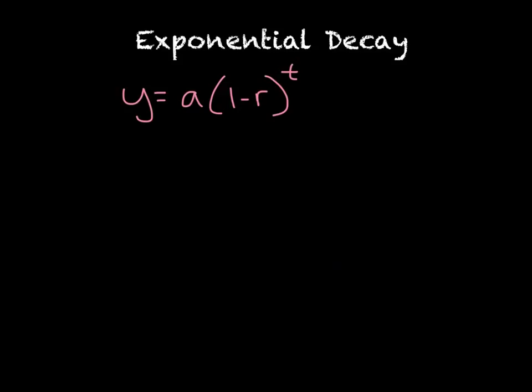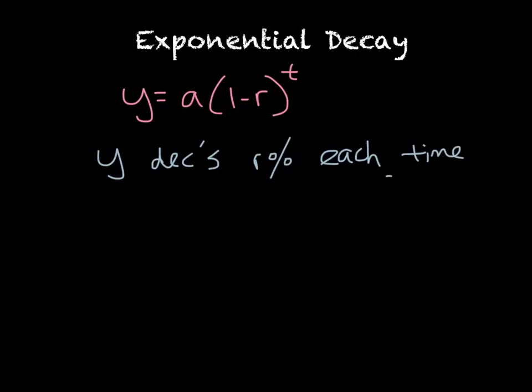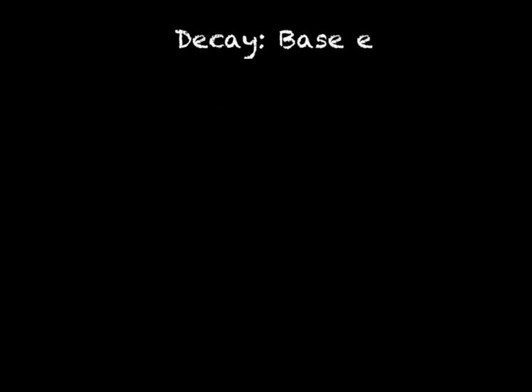So this is used in cases where y decreases r% each time step. And then we have our base e counterpart for decay, whose formula is y equals ae to the negative rt.